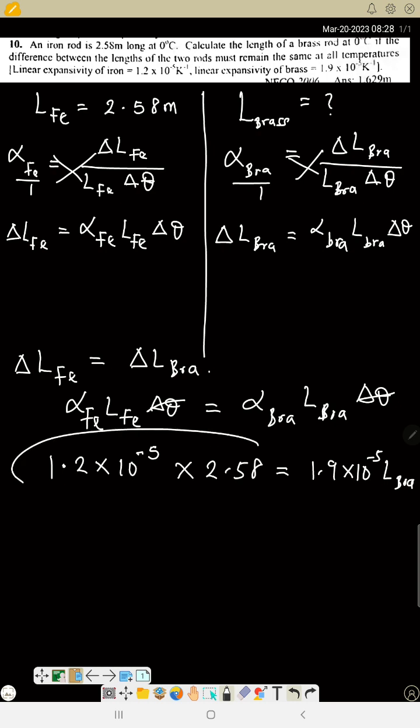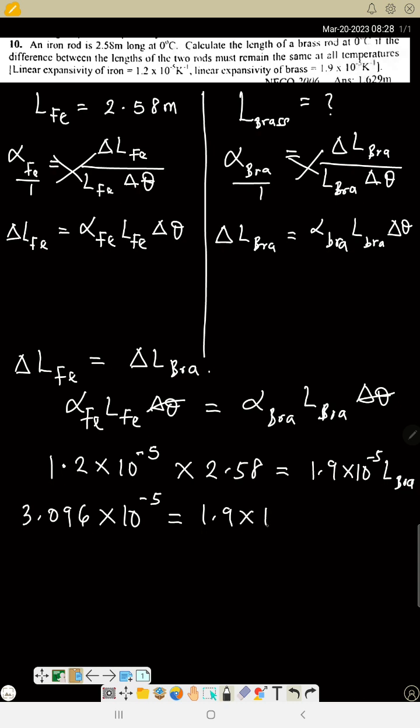So now multiply this together. That is 1.2 times 2.58, so that will give you 3.096 times 10 raised to power minus 5, which is equal to 1.9 times 10 raised to power minus 5 times length of brass.